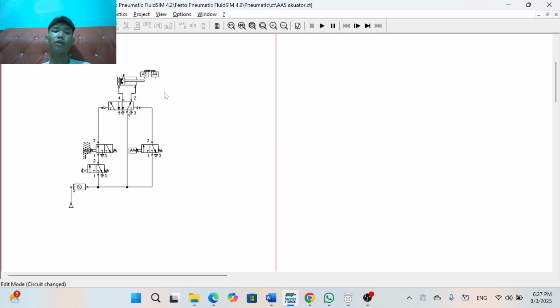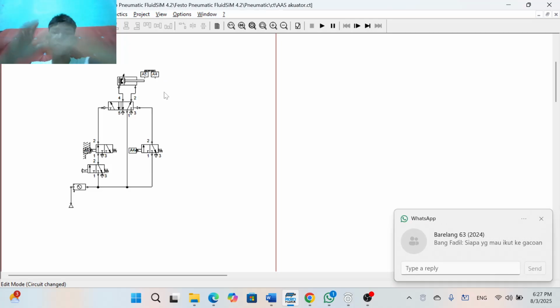Let me show you how it works. When the limit is hit, bam, the air will be transmitted so it goes backward. When it returns, it will hit the limit switch too.